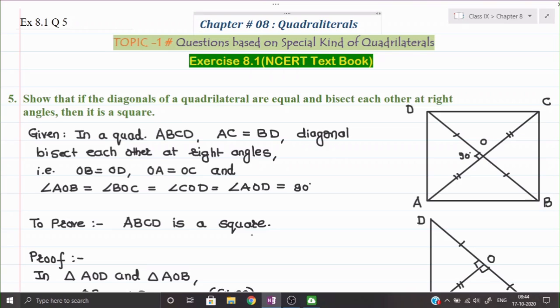So angle A and angle B, if AD and BC are parallel, are the interior angles and hence they will be supplementary. That we can say.